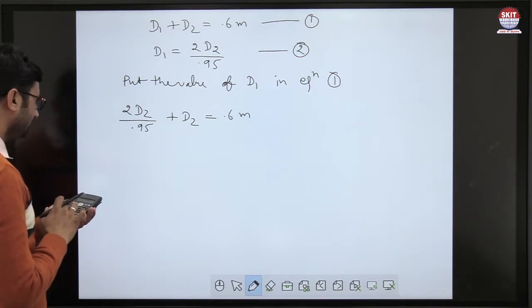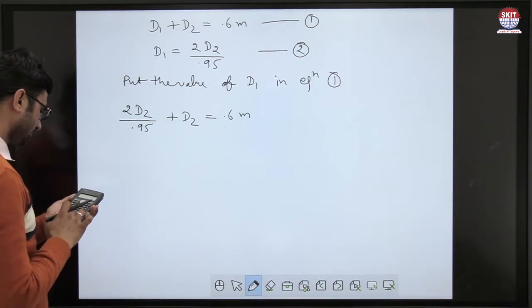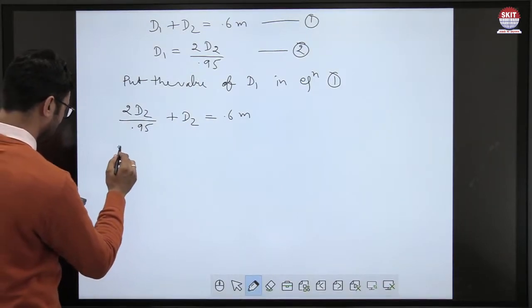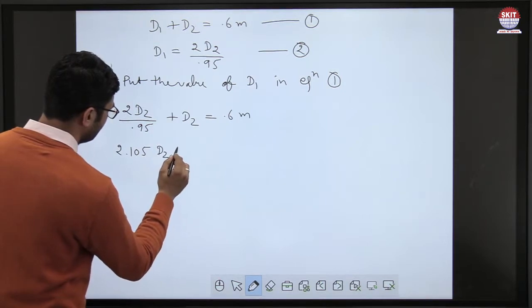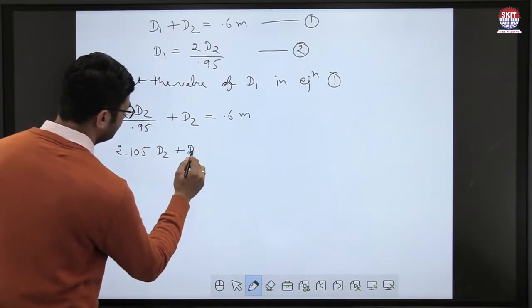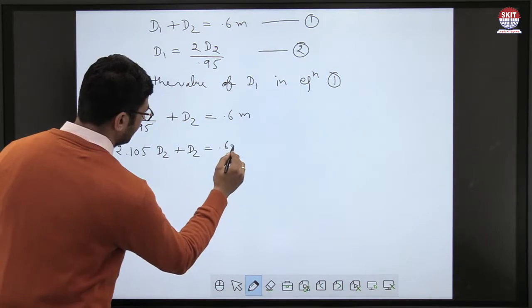Two divided by 0.95 equal to 2.105, so 2.105 D2 plus D2 equal to 0.6 meter.